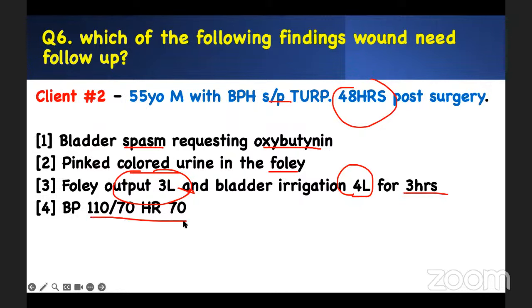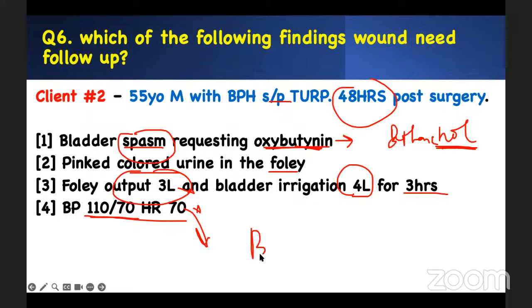If you see betanechol, if you see "chol," any medication with CHOL is a cholinergic. Cholinergic causes contraction of your bladder. So if they give you a medication and it has the last name "chol," betanechol, think about it, it's going to contract.